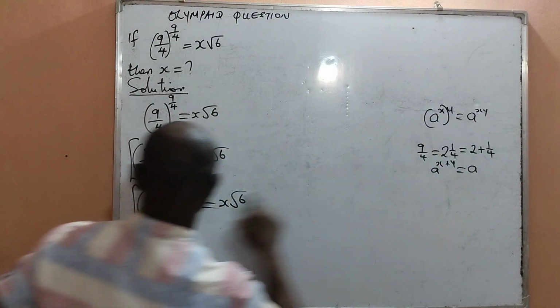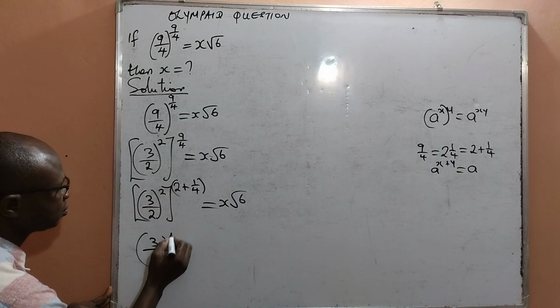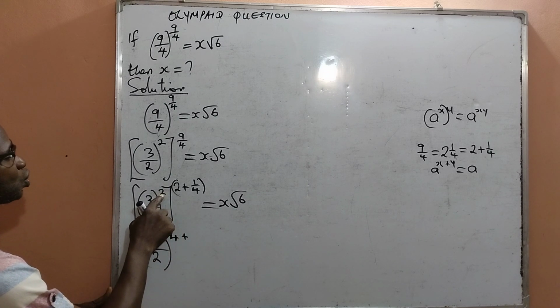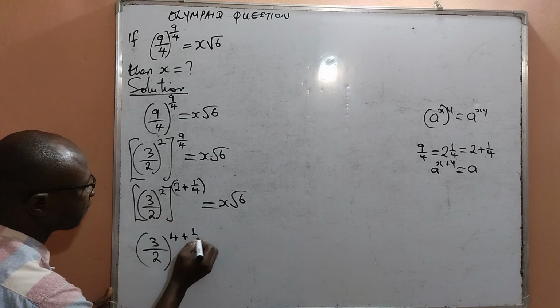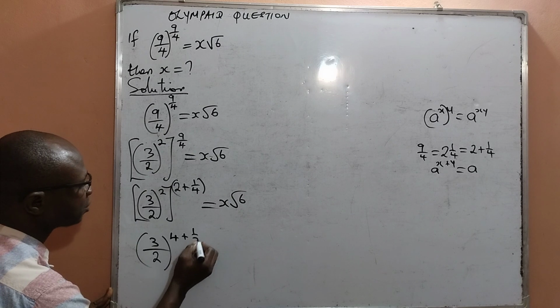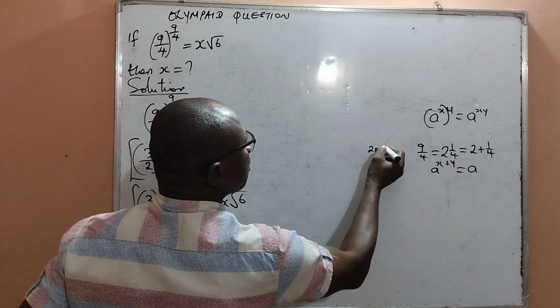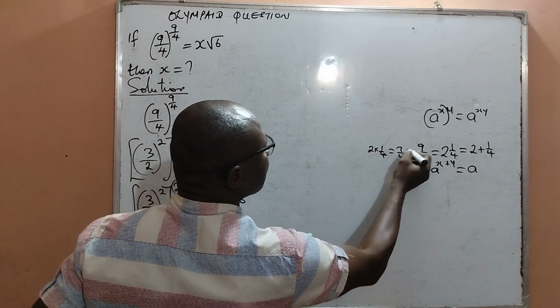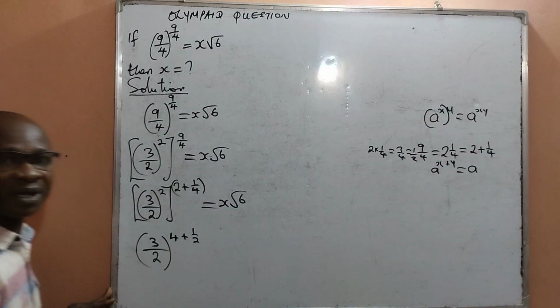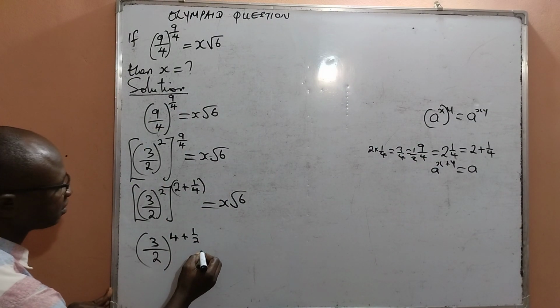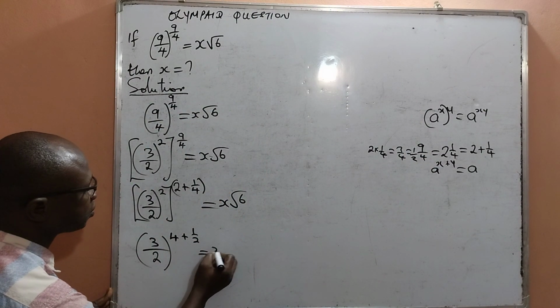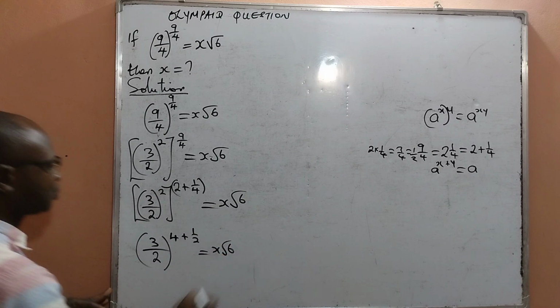That becomes 2 multiplied by 2, which is 4, then plus 2 multiplied by 1/4, which gives 2/4, equal to 1/2. This is what I have now, and everything is equal to x root 6.